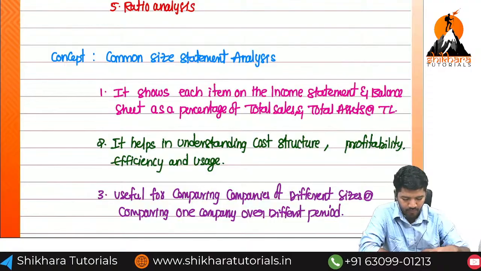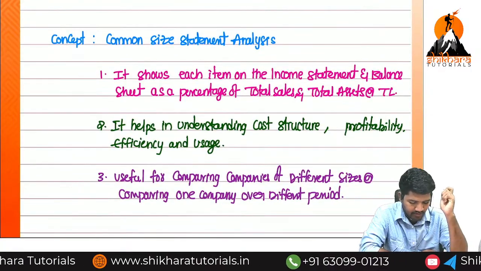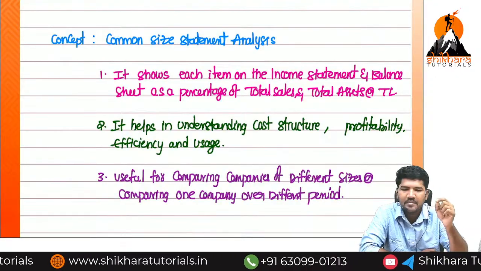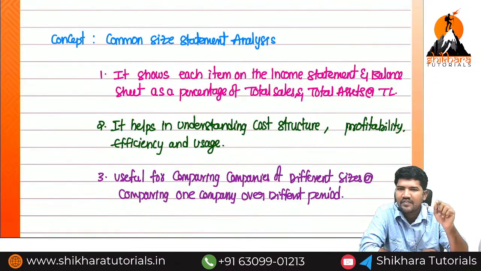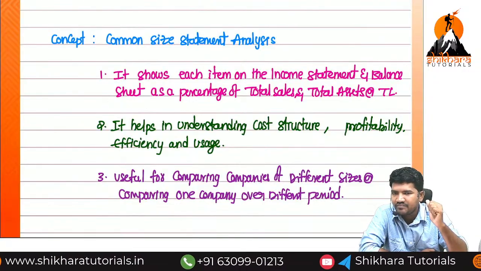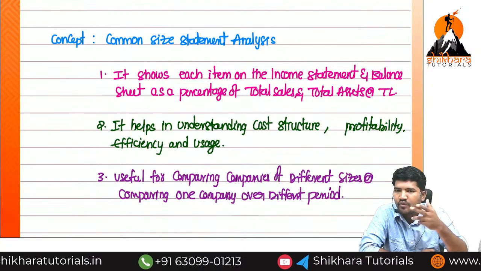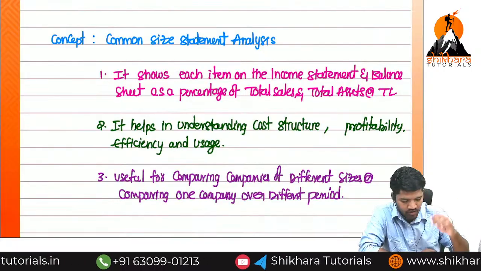Point 3 is useful for comparing companies of different sizes. The previous class problem talked about different size companies. One is 20 lakh sales, another one is 9 lakhs sales. From a size point of view, company A is a bigger company, company B is a smaller company, in terms of values, not nature.